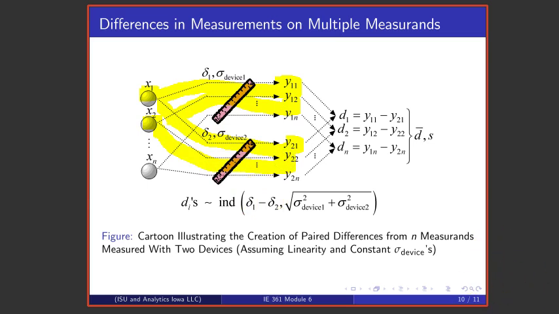And then these paired measurements that go with each one of the individual measurands can be thought of as producing differences.